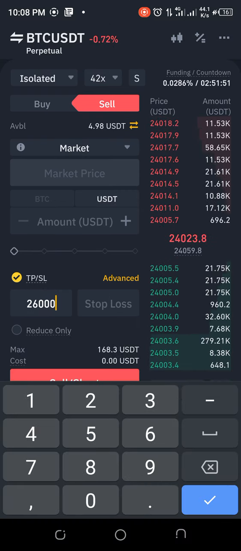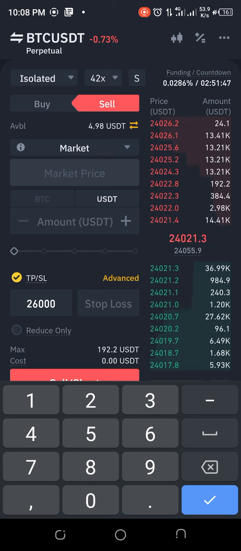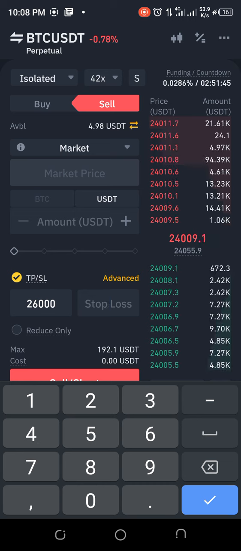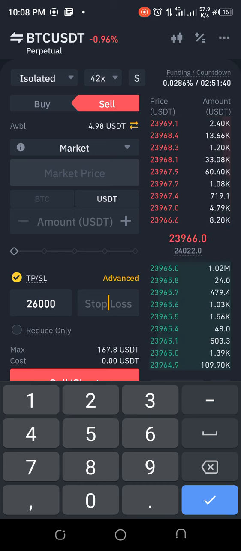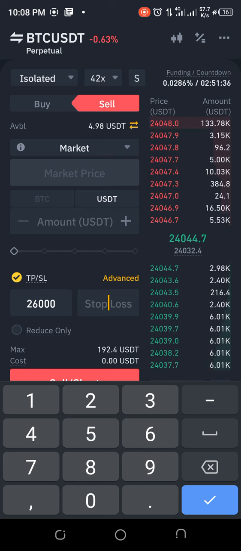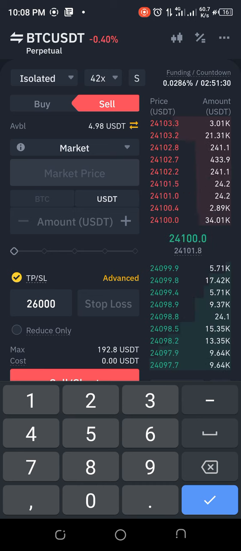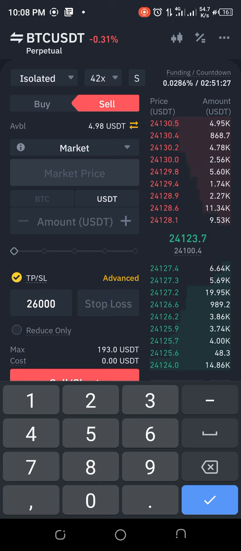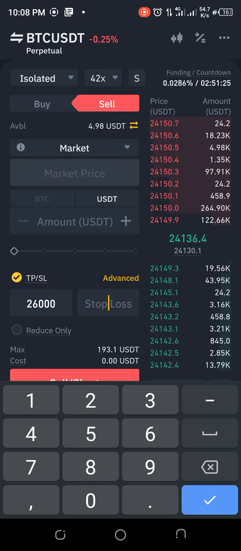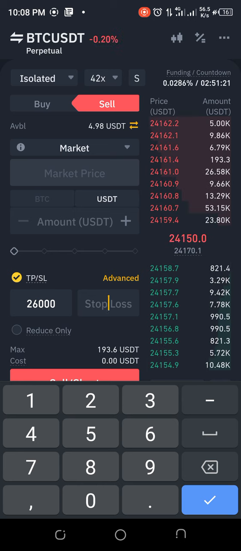Then I can now see stop loss means if the trade does not go your way and the price is going the opposite way, when it reaches some level, take me out of the trade. I don't want to lose more than that. Let's say if BTC now comes below 23,700, take me out of the trade at a loss.